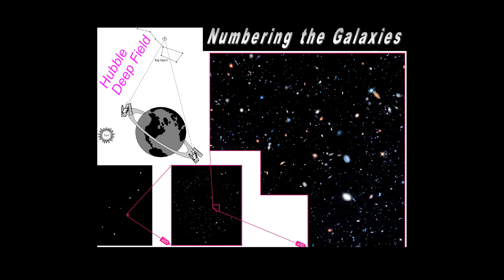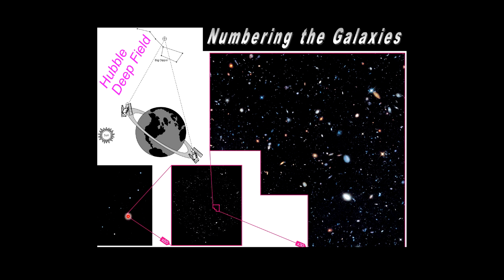What it did is looked at a little spot over near the Big Dipper, and here's the spot in the sky in reality. What they were looking for is a tiny patch in the sky that was not filled with Milky Way stars, because basically they wanted to hold the shutter open, like on a camera, and stare at this spot in the sky for a long time to let photons accumulate and see as deeply into the cosmos as possible, thus revealing the galaxies that are in this tiny spot of the sky.